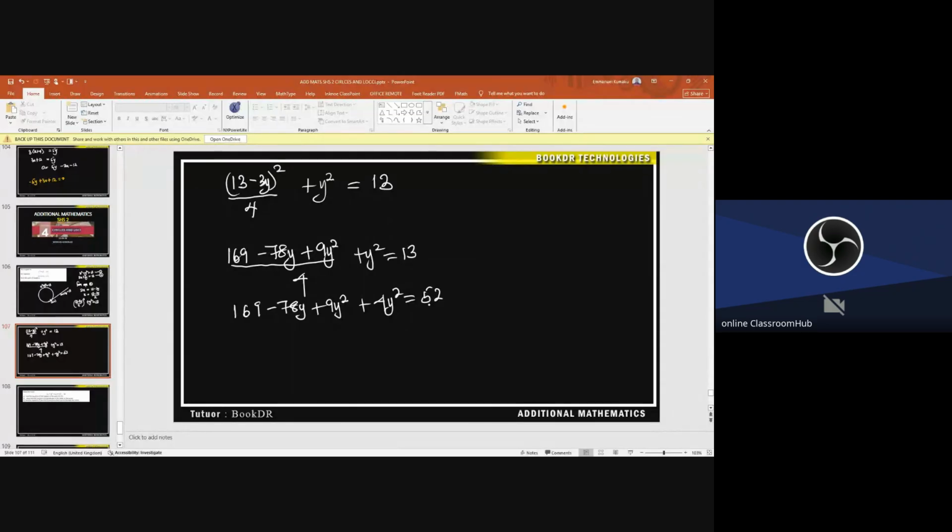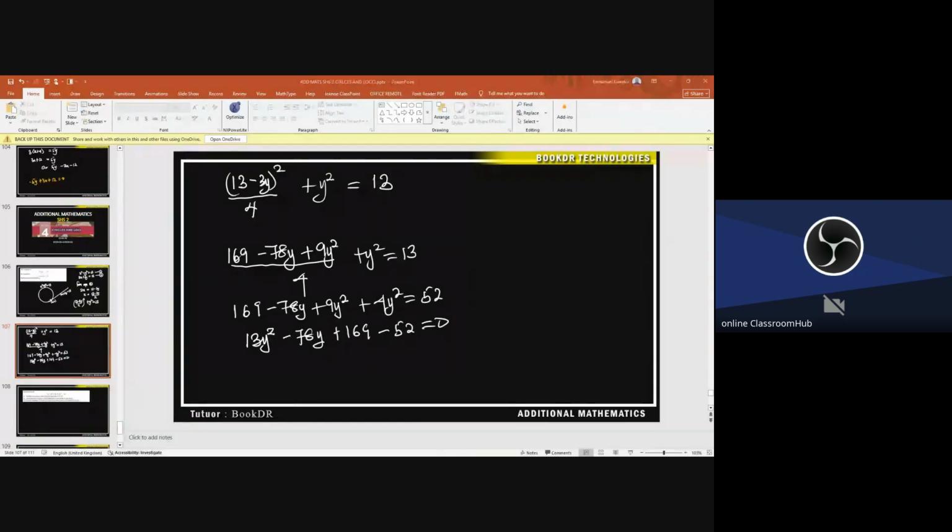So this is a quadratic equation in y. So we arrange as such. We add the y squares, and that will give us 13y squared, then minus 78y, then we have 169. Then we bring the 52 to the other side to come and subtract.